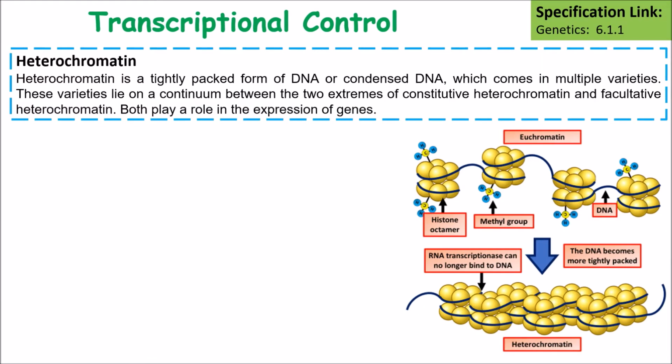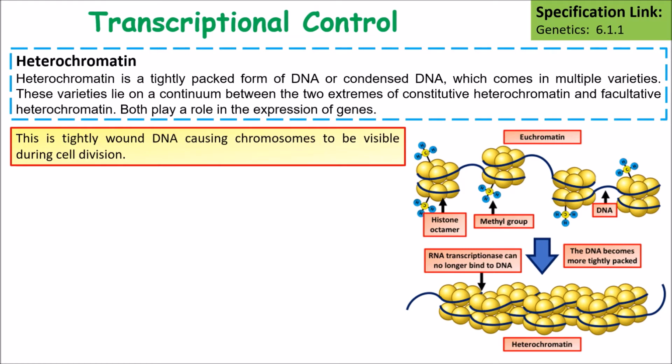Heterochromatin is a tightly packed form of DNA, or condensed DNA, that comes in multiple varieties. These varieties lie on a continuum between two extremes: allowing the genes to be fully available to the cell for transcription, or the genes being wound up so tightly that no transcription can take place.